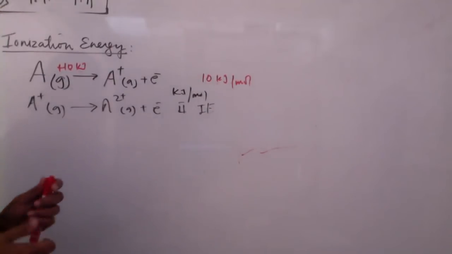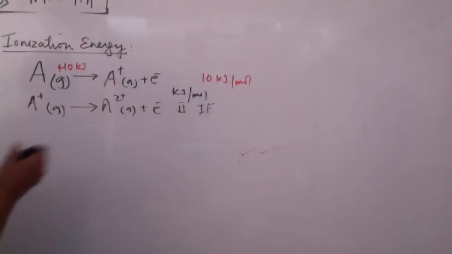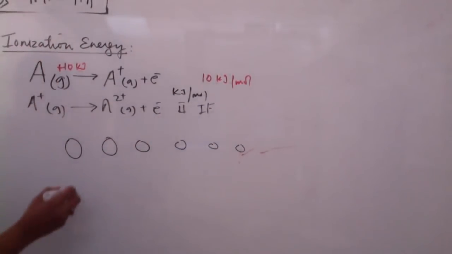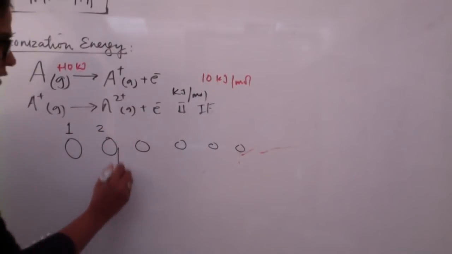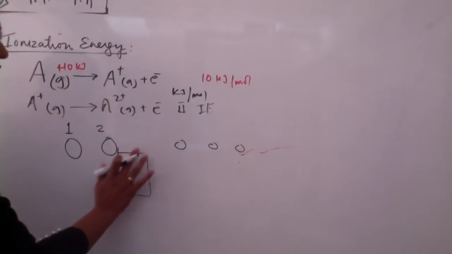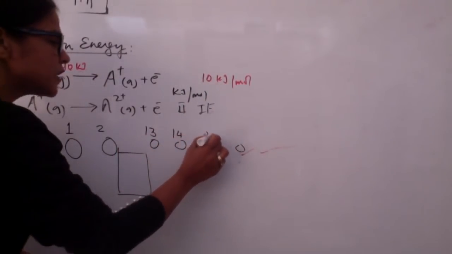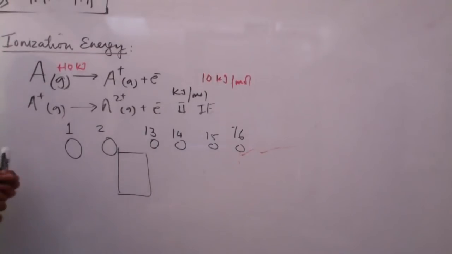Okay, so ideally, ionization energy should be increasing because radius is steadily decreasing across a period, right? But what happens if you look closely? This is group 1, this is group 2, and I haven't drawn a bunch of the middle transition metals, okay? Then this is group 13, 14, 15, and so on, and 16. Might as well draw that while I'm here.